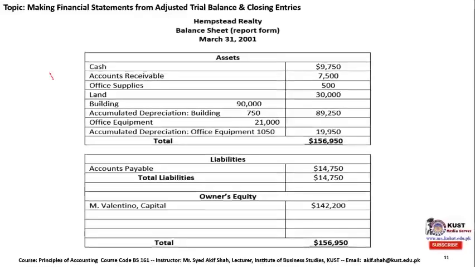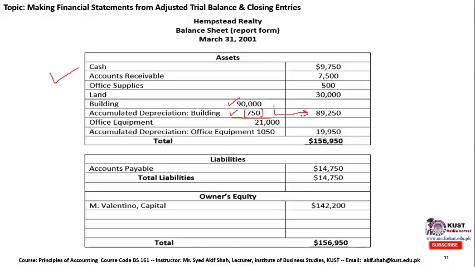Here it is. We have carbon copied all the data from the adjusted trial balance and mentioned it over here. For building, it was 90,000, but there was a contra asset account of $750, showing accumulated depreciation for the building, which needs to be set off against the original cost of the building, and the resultant final value should be written on the right hand side.